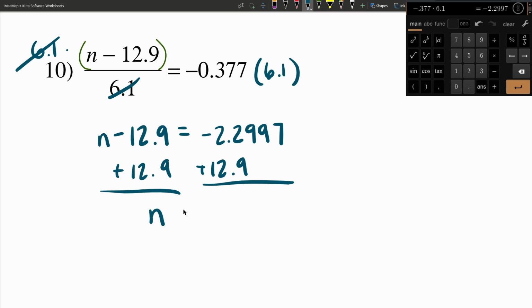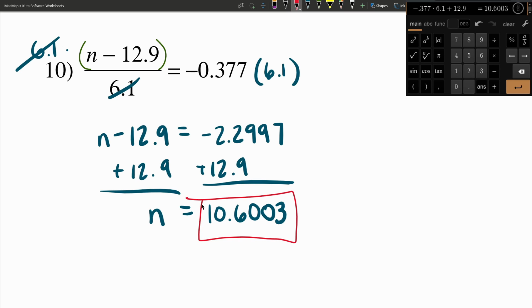So n is going to be equal to, if we want to just continue this on our calculator, we're going to then add 12.9 to get 10.6003. And that's our solution for number 10.